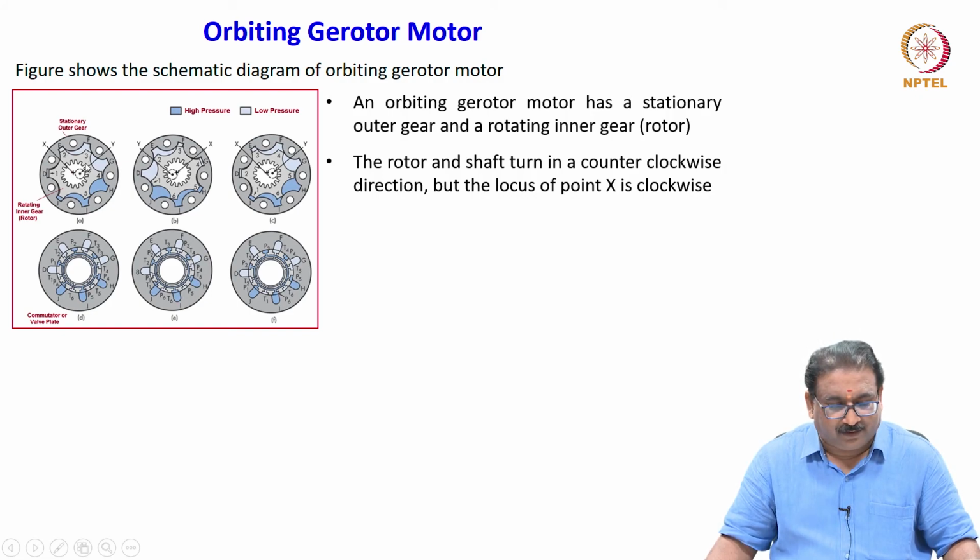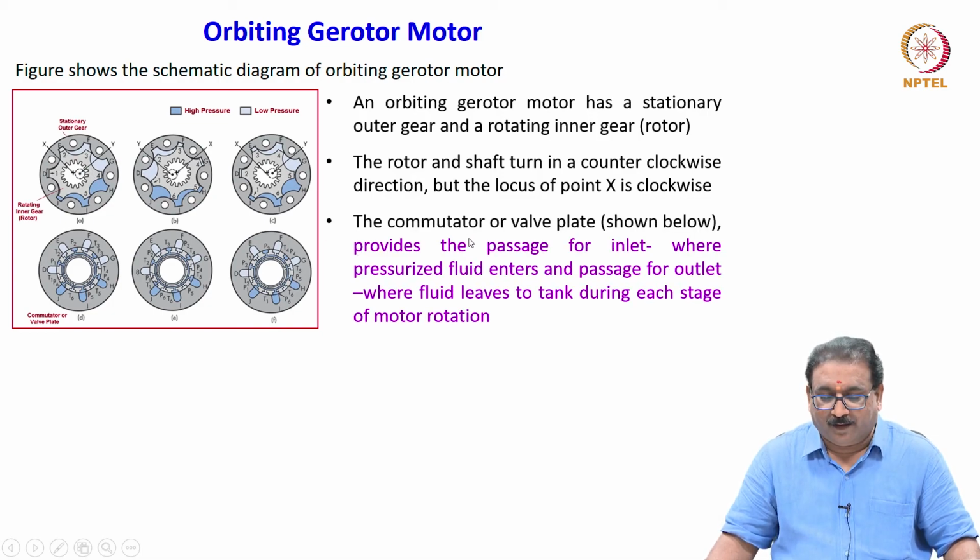The rotor rotates anticlockwise while the locus moves clockwise. The commutator or valve plate provides the passages for the inlet, where the pressurized fluid enters, and passages for the outlet, where the fluid leaves to the tank during each motor rotation.